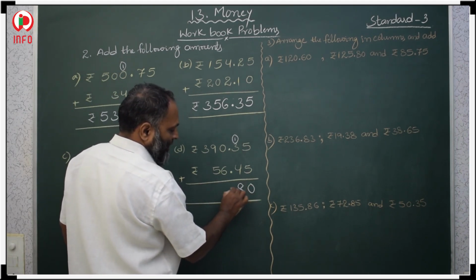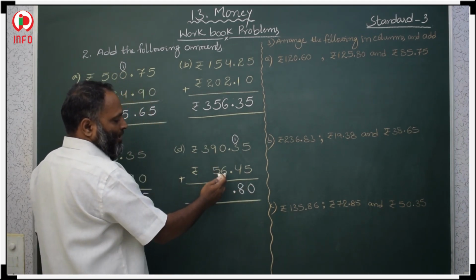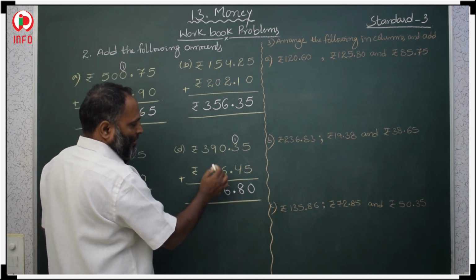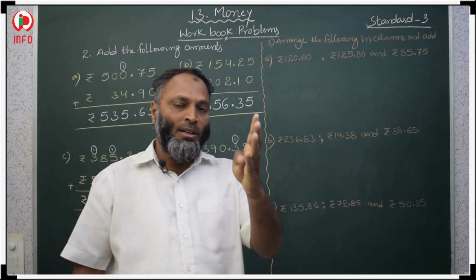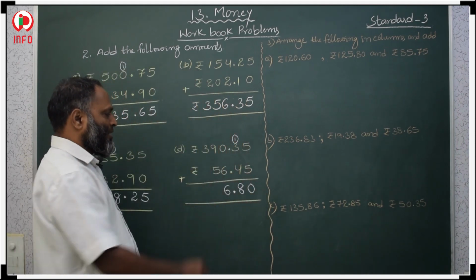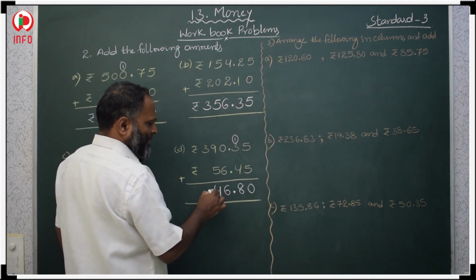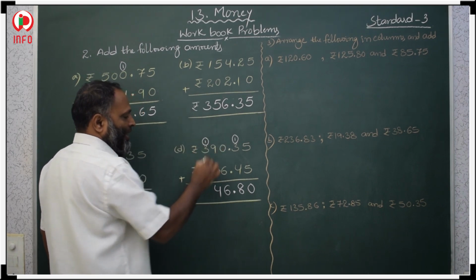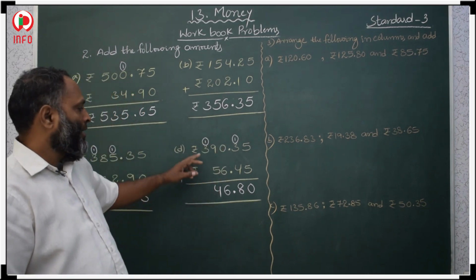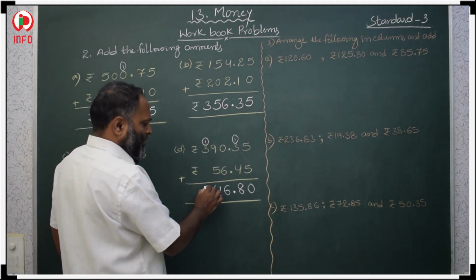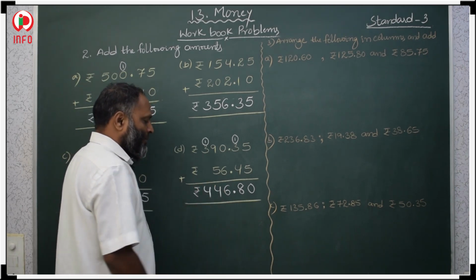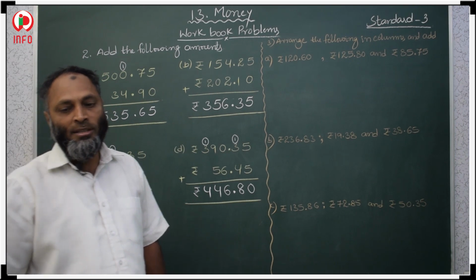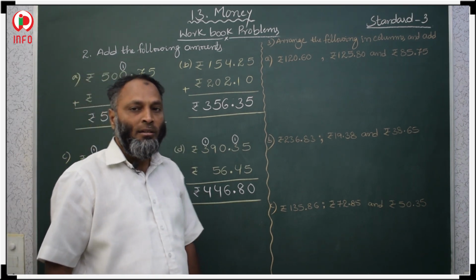Then the decimal point. 0 plus 6 is 6. 9 plus 5, 9, 10, 11, 12, 13, 14. 14 means 4 in the tens place of the rupees and 1 we take as carry over to the hundreds. Then 3 plus 1, 4. 446 rupees 80 paisa. Okay.